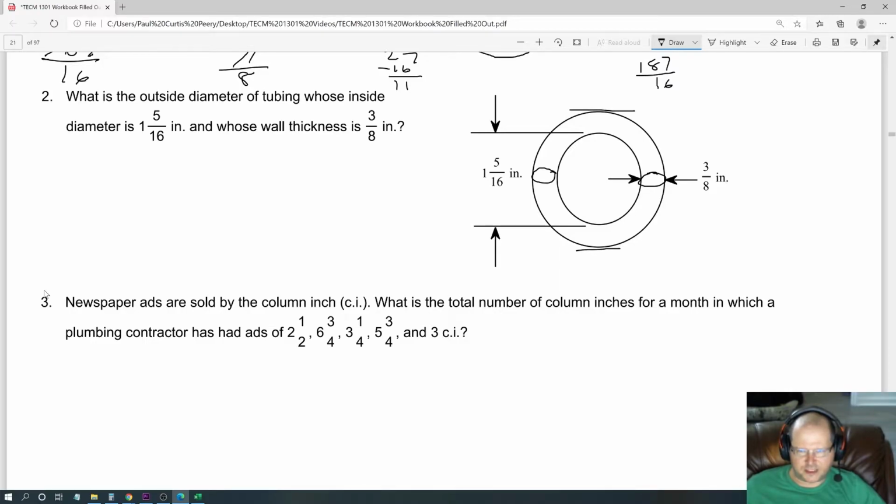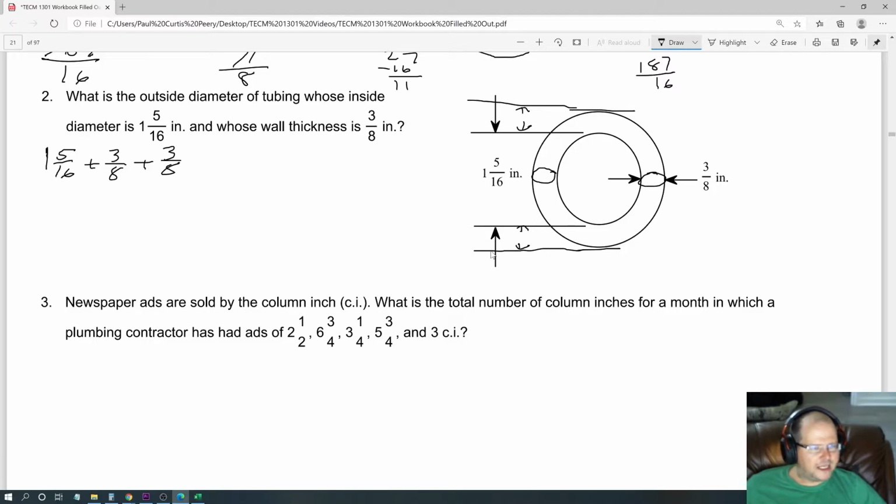So we have to add that difference to both the top and the bottom. So that's going to occur twice. So what we're really saying is 1 5/16 plus 3/8 plus 3/8.